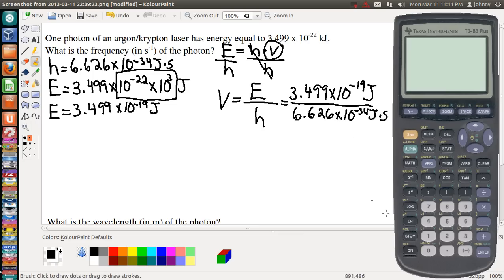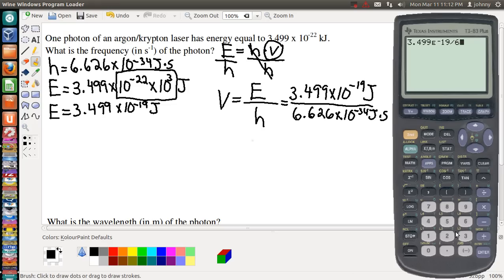Now all we need to do is use our handy dandy calculator here. So we turn it on, we punch it in. 3.499. To do the times 10 to the negative 19, you hit second, comma, which gives you the small, shrunken down e, which is the exponential form, meaning times 10 to the negative 19. Divided by, now what's our other number?